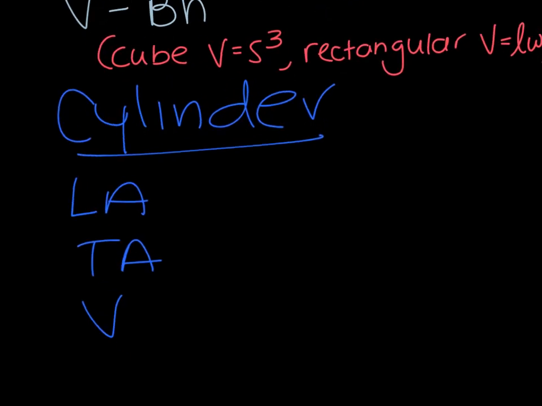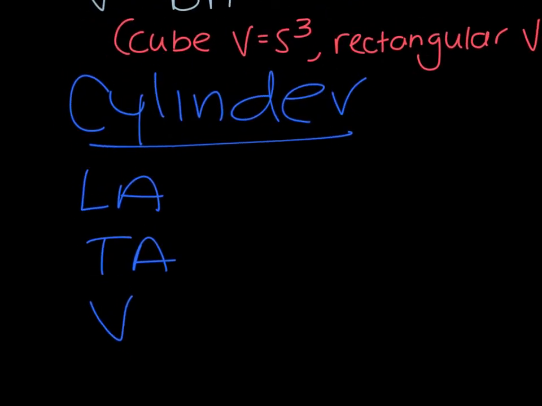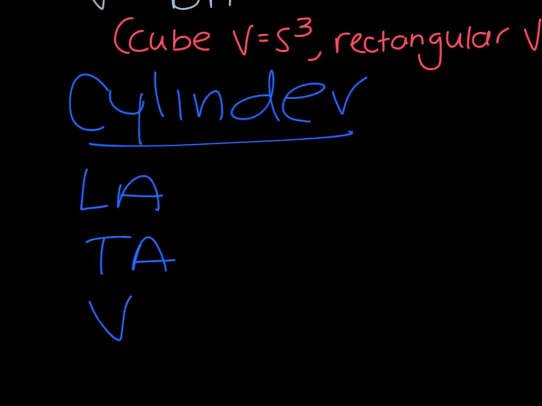I'm actually going to go into the cylinder. Since the cylinder is basically a prism with a circular base, these should be easy to derive from the ones that are the prisms. So lateral area, because it's perimeter times height, and the cylinder's base would be a circle, the perimeter of a circle, which is 2 pi r, that's your circumference, would get multiplied by the height.